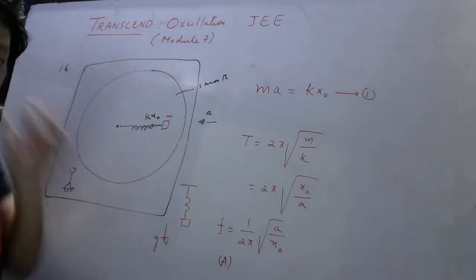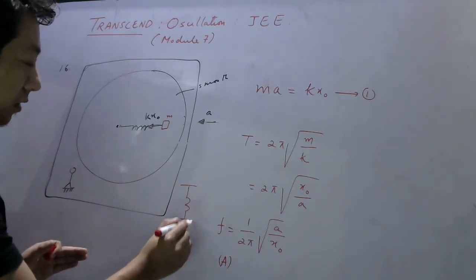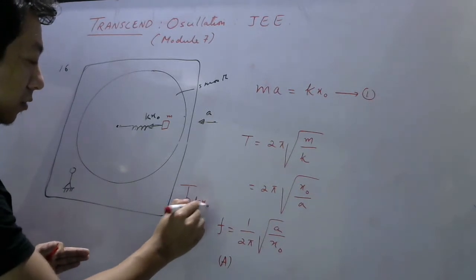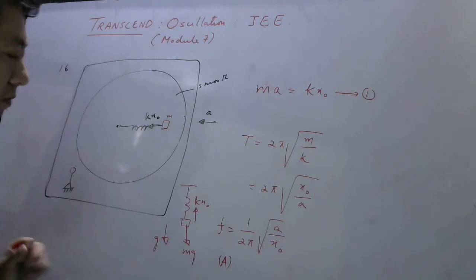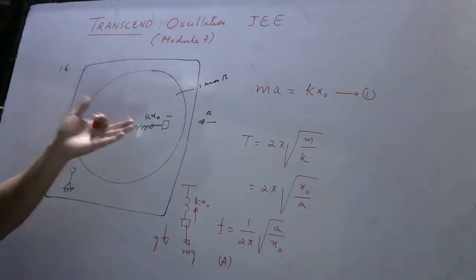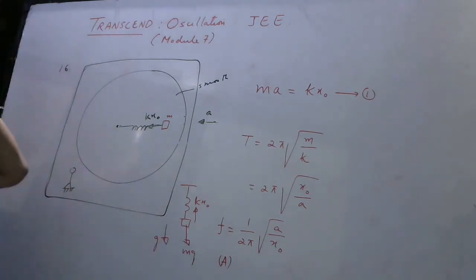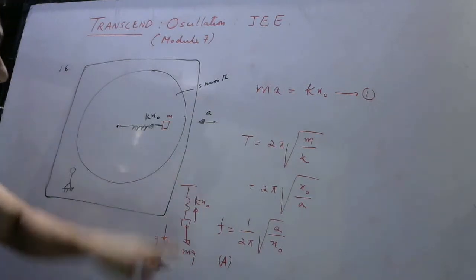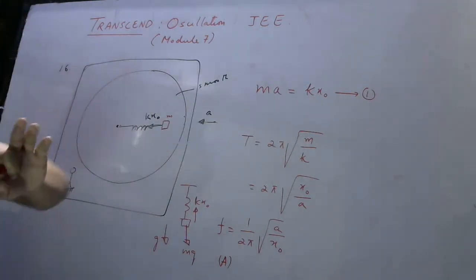Under the action of this gravity, you have a stretch x naught, and that stretch will result in a spring force k x naught, which will balance your mg. So it will be in equilibrium. Similarly here also, the role of gravity is played by this pseudo force. So it's similar to k x naught equal to mg, similar to k x naught equals to ma.